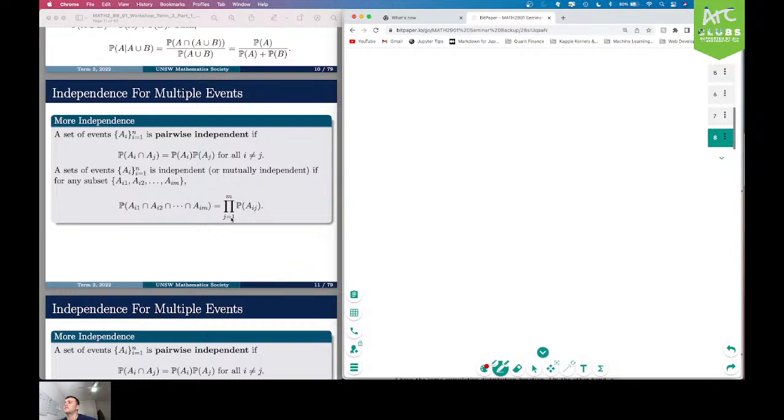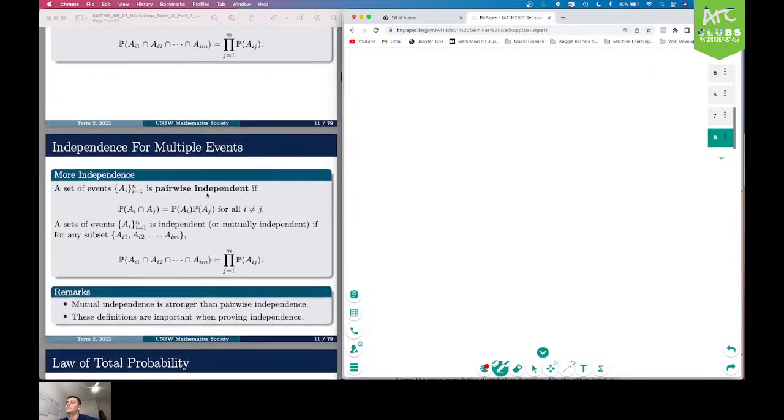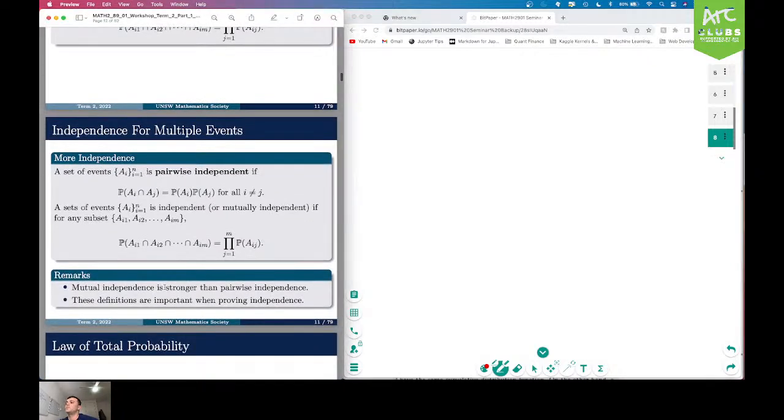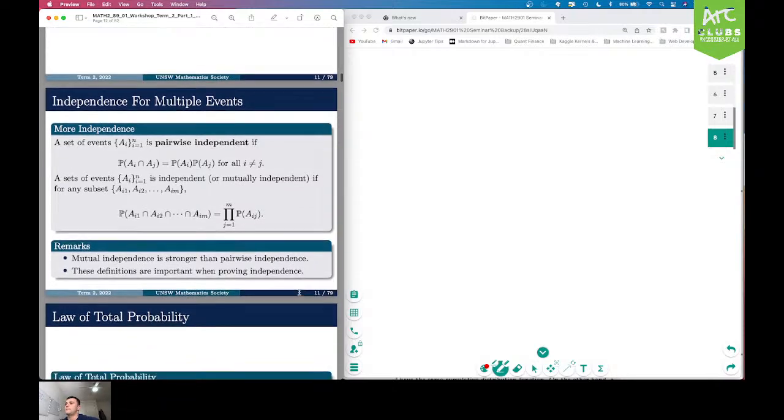So we take the product from j equals 1 to m. This is going to be the probability of A_i1 times the probability of A_i2 times the probability of A_i3, and so on. If you go from j equals 1 to 2, that is pairwise. But the fact that we can go from j equals 1 to m means that we call it stronger than pairwise independence. Okay.